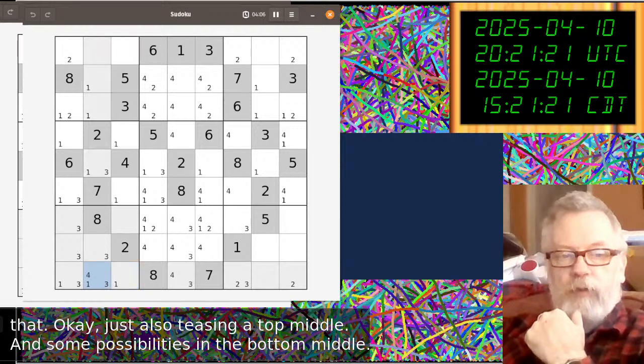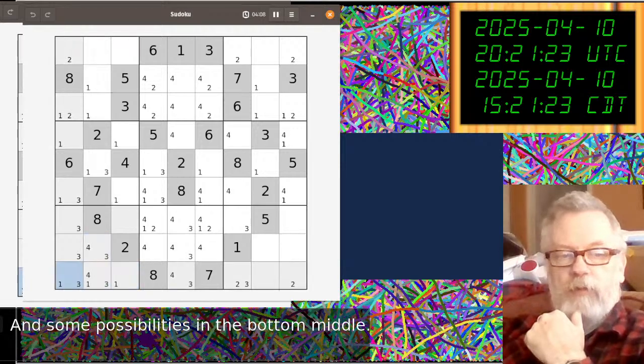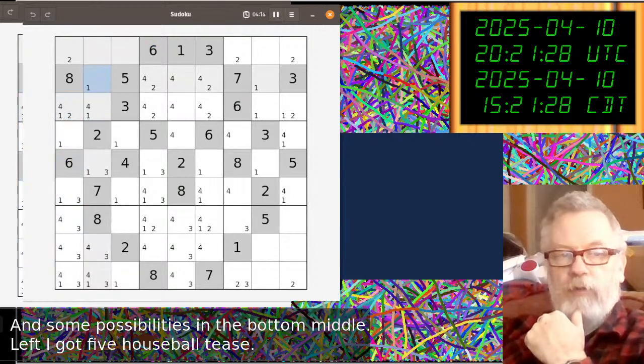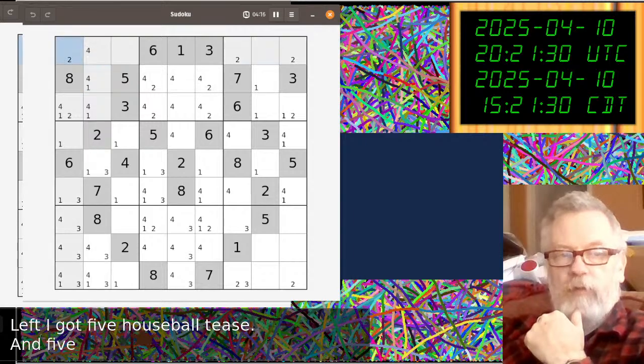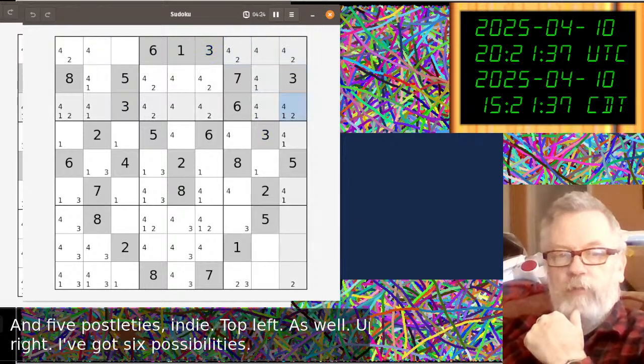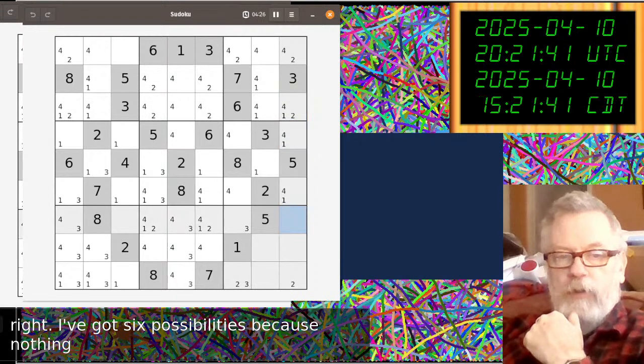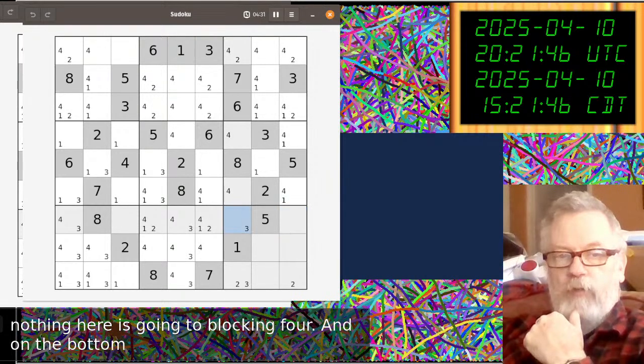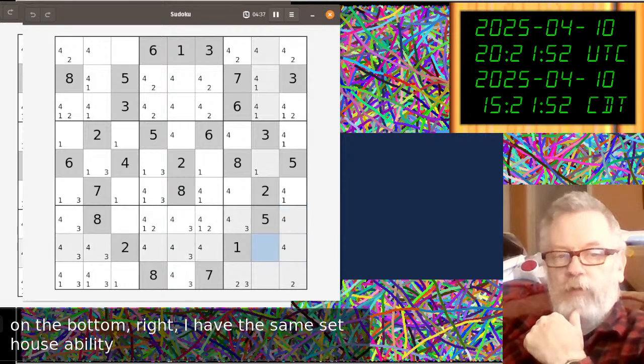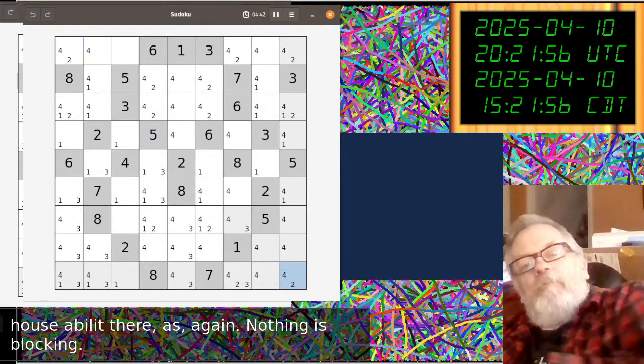Bottom left, I've got 5 possibilities, and 5 possibilities in the top left as well. Top right, I've got 6 possibilities because nothing here is currently blocking a 4. And in the bottom right, I've got the same with 7 possibilities there because, again, nothing is blocking any of the cells in the square from becoming 4 yet.